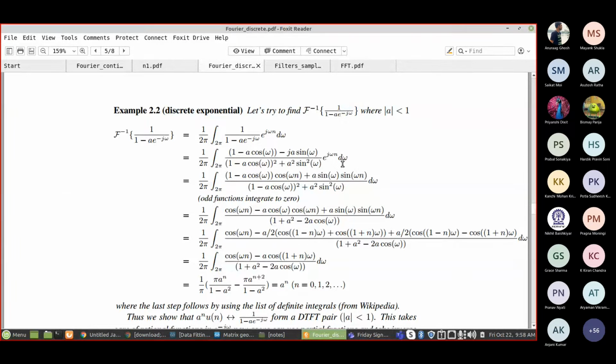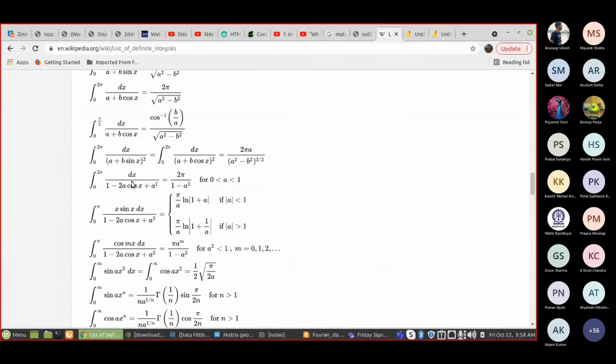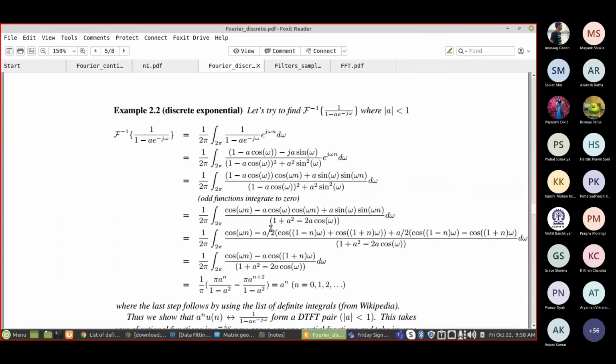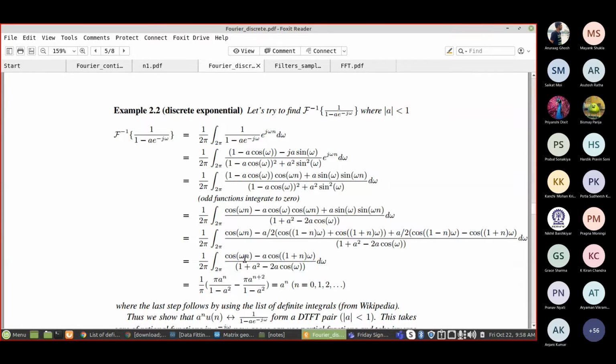Throw away odd functions, and yes, for even functions, use standard formulas for these integrals. Okay, so look up this Wikipedia list of definite integrals, and okay, now our interval of integration is over 2 pi. Okay, so I think one of these will be used. Maybe this one, I think. So cos over this.